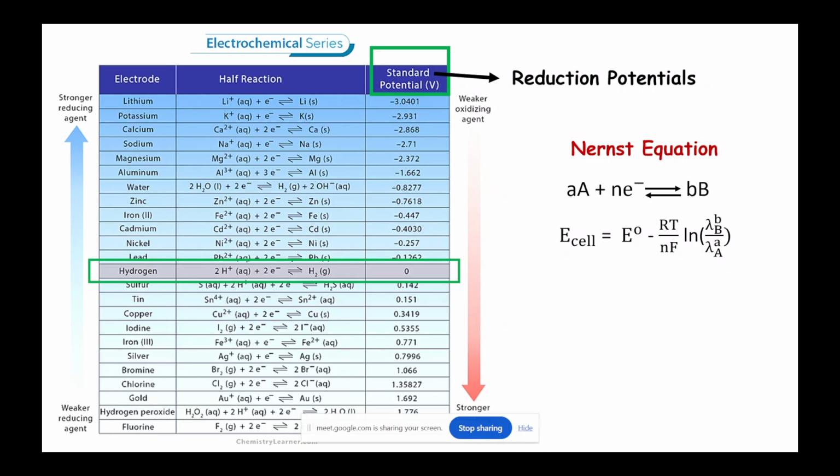So let me put forward a question. What do these reduction potential values actually tell you? The picture is self-explanatory, but I want any one of you to let me know what you can actually infer from this electrochemical series.